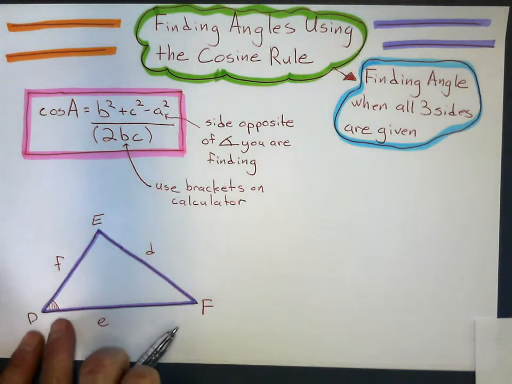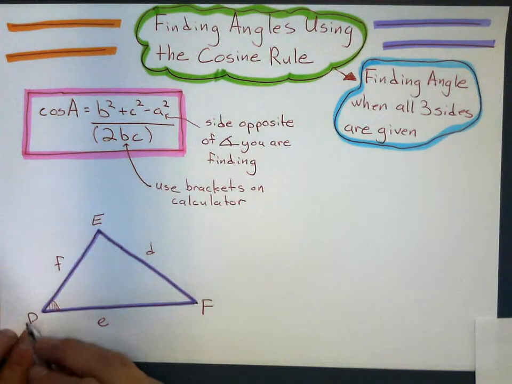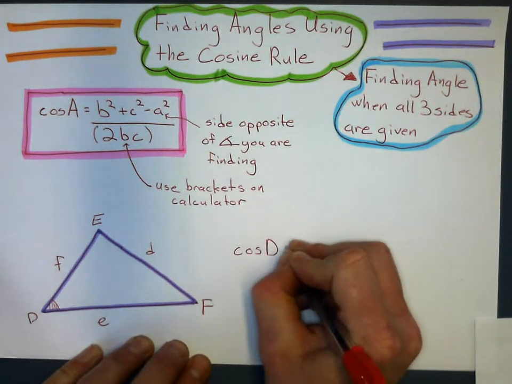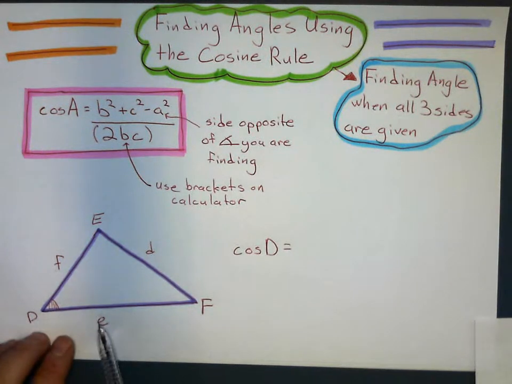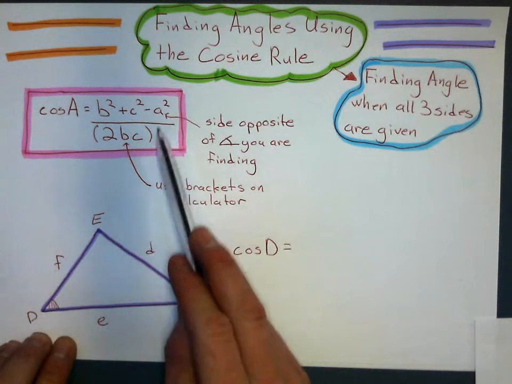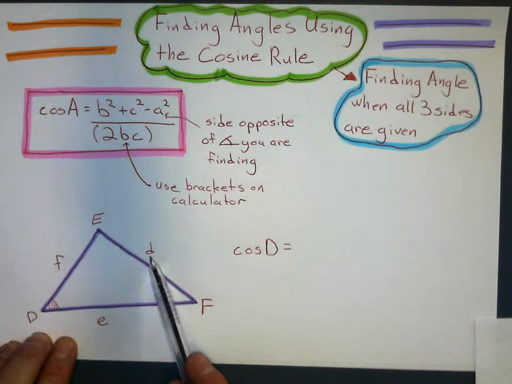So to set our equation up, I want to find angle D, so this is going to be the cosine of angle D. Now the thing you have to remember is this guy is the side opposite of the angle you're figuring out.